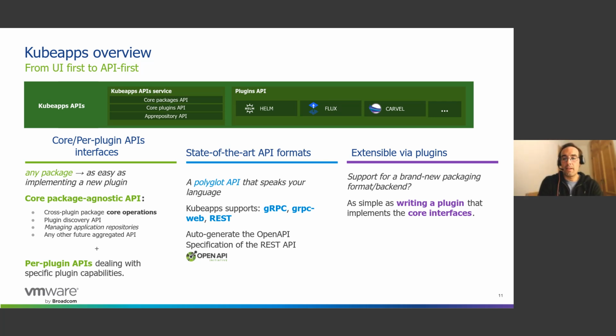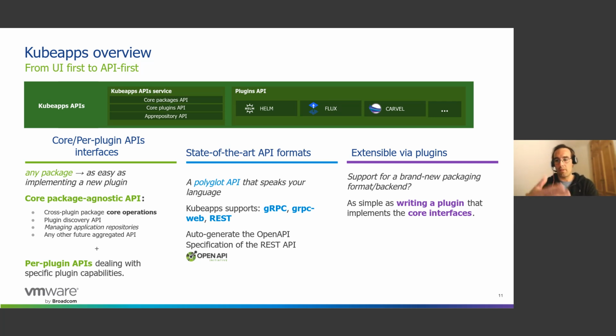If we want to support a new packaging system, for example Acorn or any other, like we did when we supported Carvel, it is as simple as writing a new plugin that implements the core interface for the core operations and also implements the specific capabilities of this packaging format.